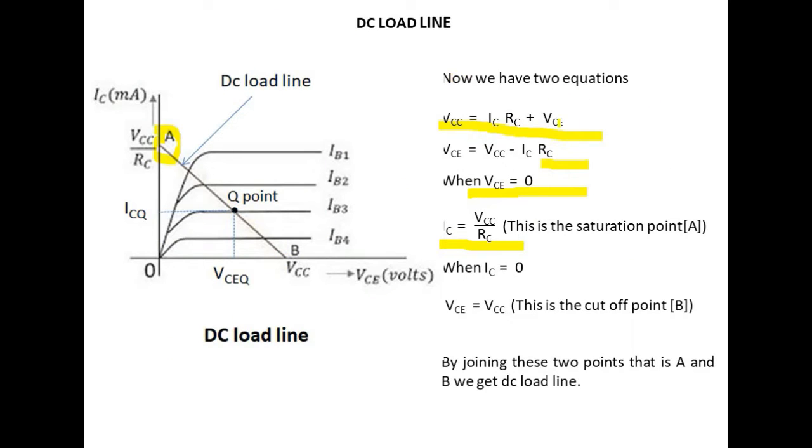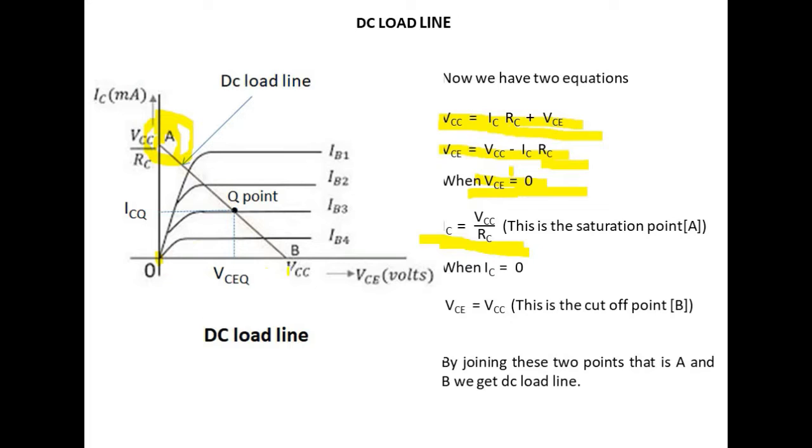Now we have two equations: VCC is equal to IC RC plus VCE, so VCE is equal to VCC minus IC RC. In this equation, if we set VCE equal to 0, we get IC equal to VCC upon RC. At this point A, VCE is equal to 0 and IC is equal to VCC upon RC.